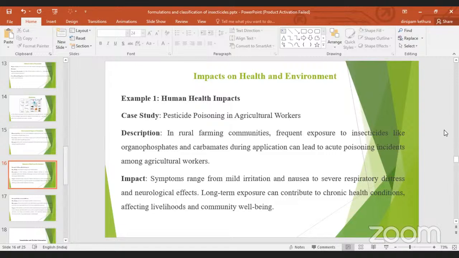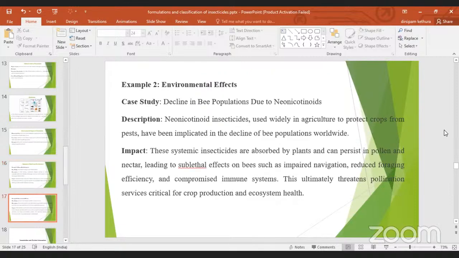Not only does it affect the neurons or the nervous system and the lungs or the respiratory system, it will also affect the DNA. So in maximum number of the cases, you could see the DNA gets damaged. You could see the fragmentation of the DNA that ultimately leads to sometimes the death of a person also.